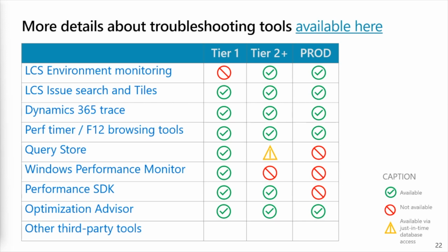The Windows performance monitoring requires operating system access, which is only available for Tier 1 environments. Performance SDK requires system access that is not available for production environments. Other third-party tools, examples like PSPing, Fiddler, they have all their valid use cases, but we will not discuss them in detail in this TechTalk here.